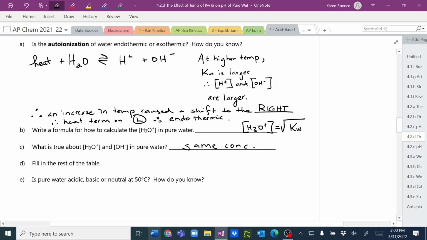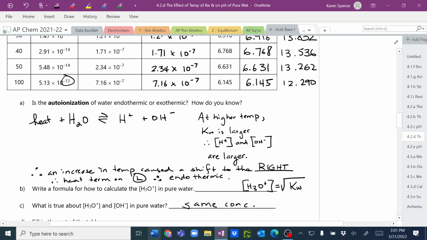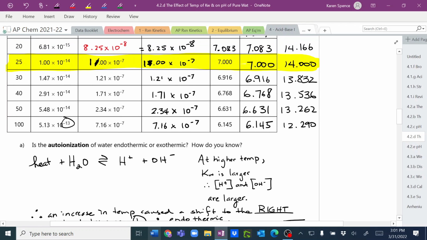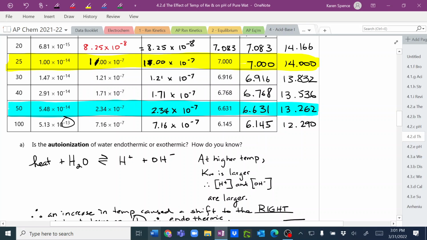So is pure water acidic, basic, or neutral at 50 degrees Celsius? So let's take a look at 50 degrees Celsius. There's our 50. Is your water acidic, basic, or neutral? It is neutral, okay?